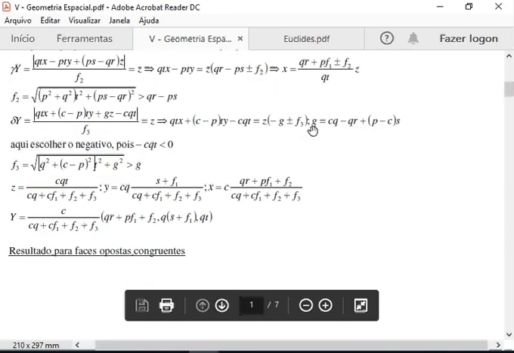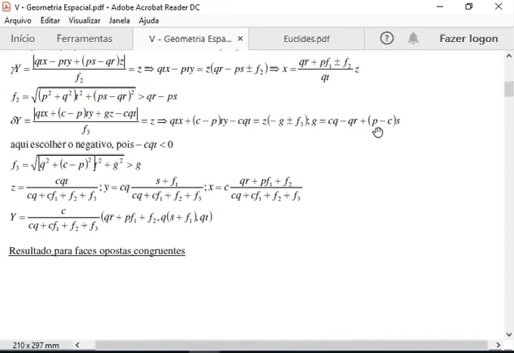G is CQ minus QR plus (P minus C) times S.